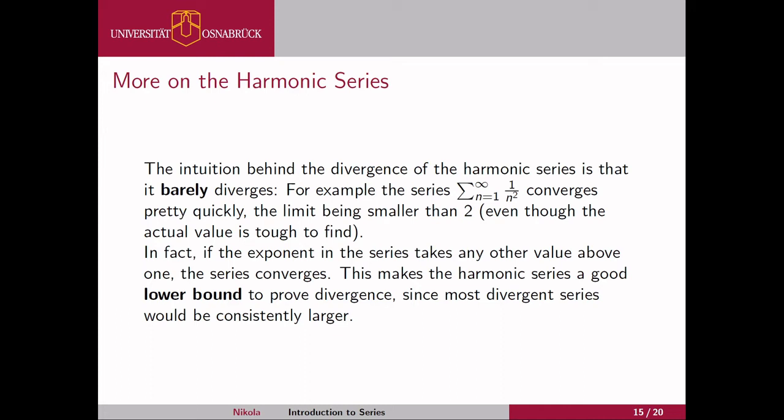And I guess this is pretty interesting or unexpected, given that 1 over n just completely diverges. It goes off to infinity. And if you just square the denominator, it suddenly has a super small limit. I mean, consider that the first term is 1, and then the sum of all the remaining terms is smaller than 1. Pretty interesting in my opinion.